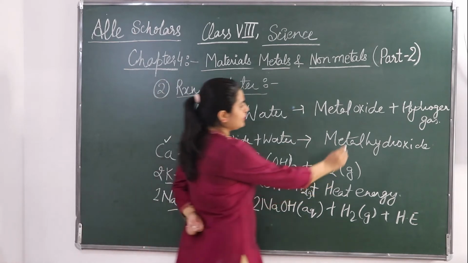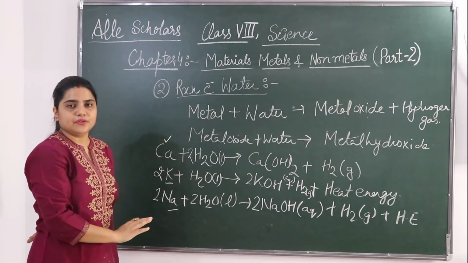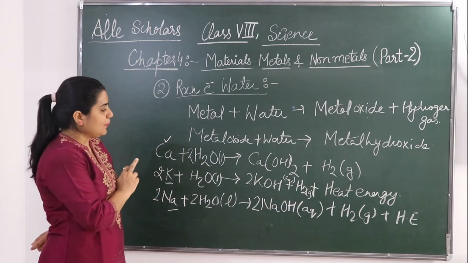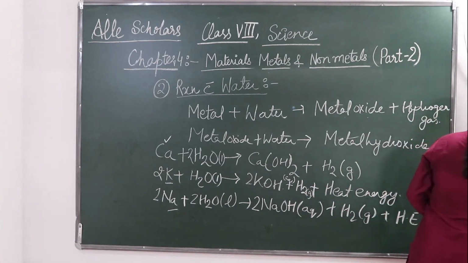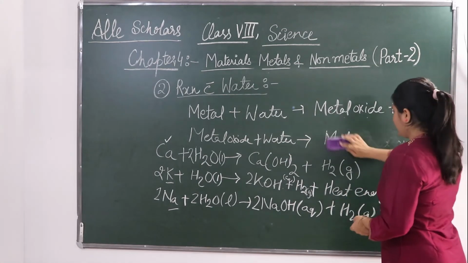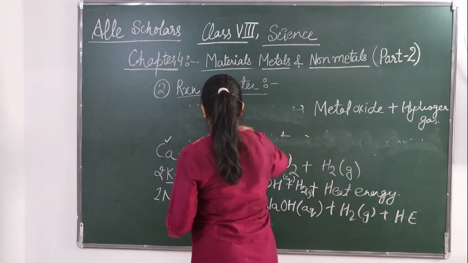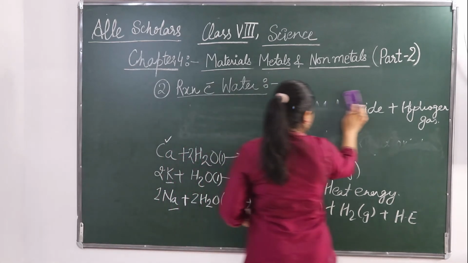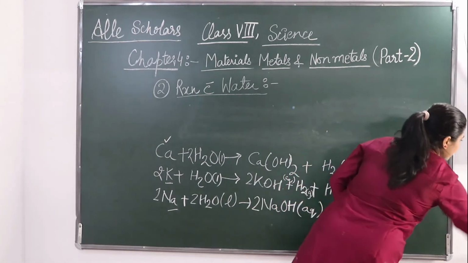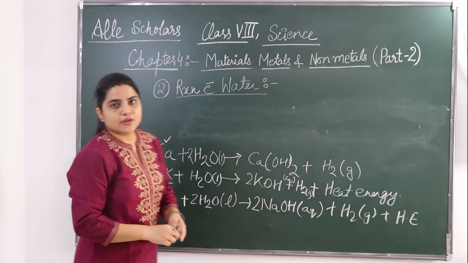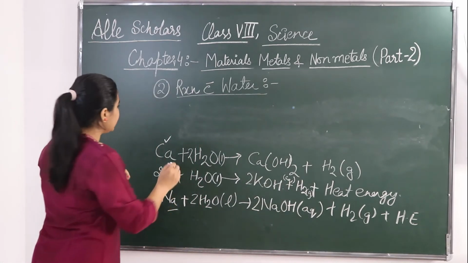So what they do is react with steam. I will be giving you that example also. Iron and aluminum are two such metals which react with steam to form metal oxide and hydrogen gas.